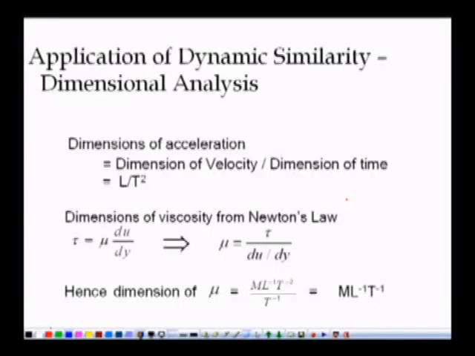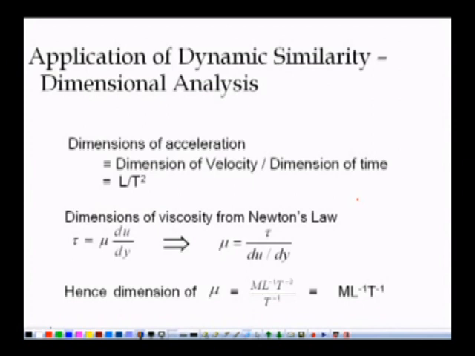Now, how can we convert a large number of variables into independent dimensionless numbers? For that, we must understand what we mean by dimensions. We know that every physical quantity like velocity, acceleration, viscosity, force, is written in terms of some fundamental dimensions.